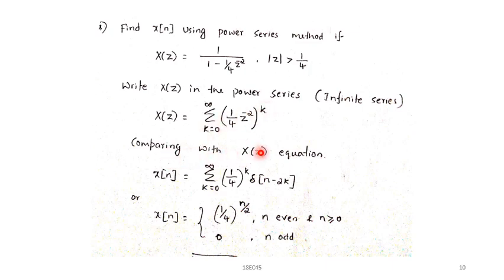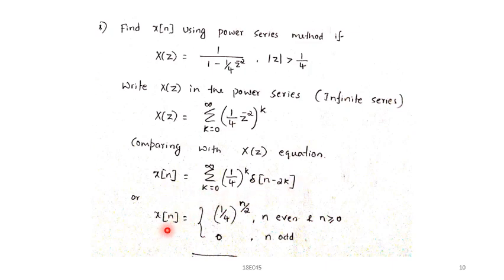Now comparing with your standard x of z equation, that is x of z is the summation from minus infinity to plus infinity of x of n z to the power minus n, I can write x of n is equal to summation over k from 0 to infinity, 1 by 4 to the power k, this is a constant. Remaining is z to the power minus 2k. And the inverse transform of z to the power minus 2k will be given by delta of n minus 2k. So this is enough. This is my x of n.